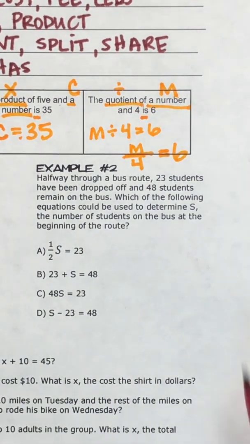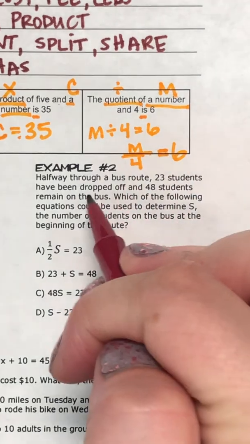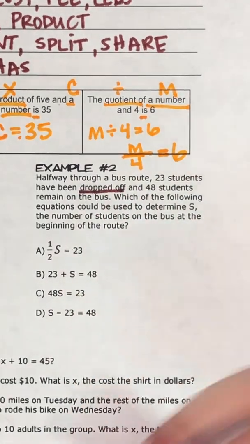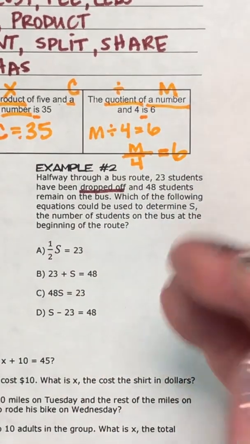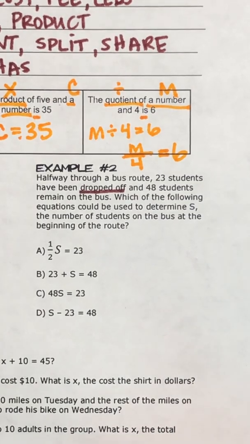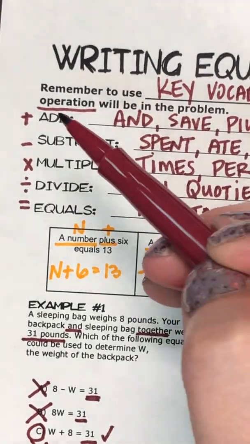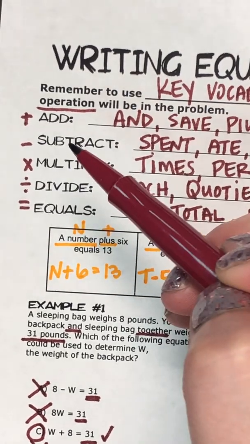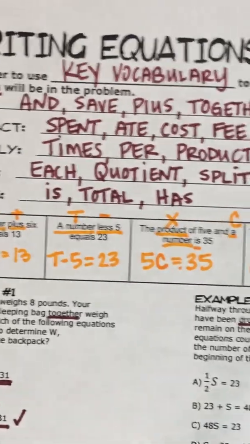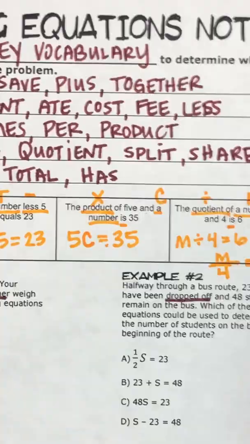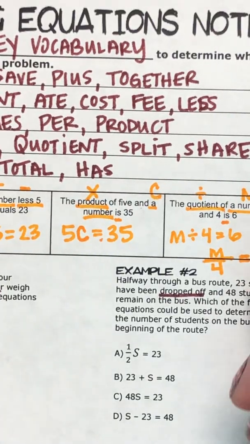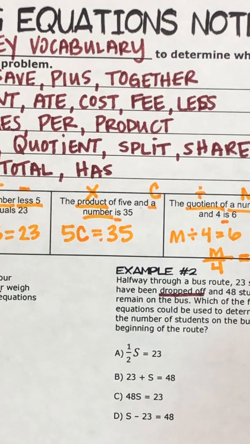Okay, so as we go through and look at keywords, we have dropped off. So when you drop somebody off, what's happening? They're leaving the bus, right? So I think the best vocabulary would tell us that dropped off means to subtract. We're getting rid of those people. We're losing those people.